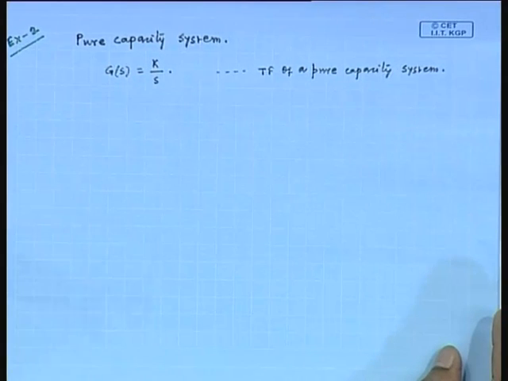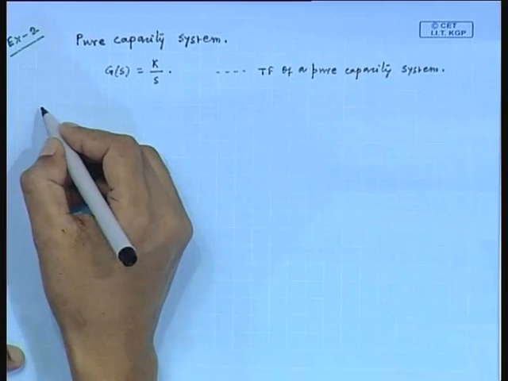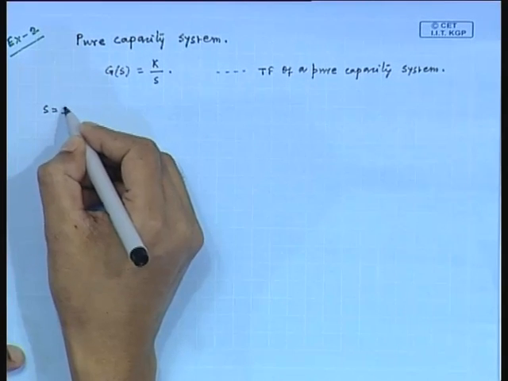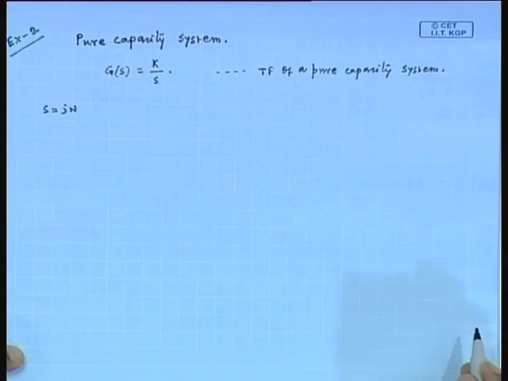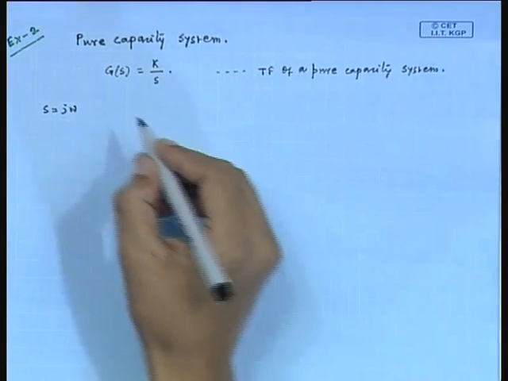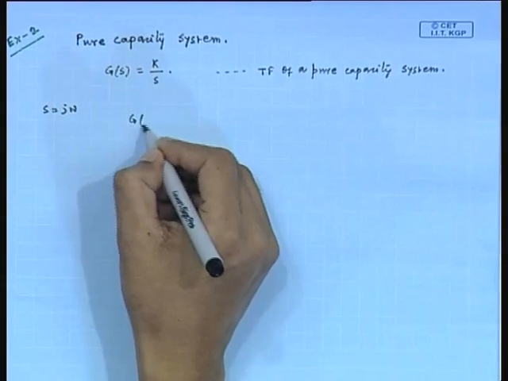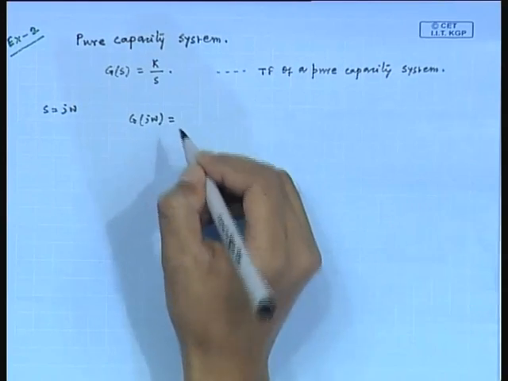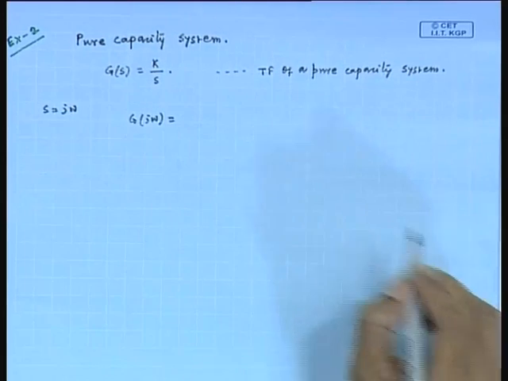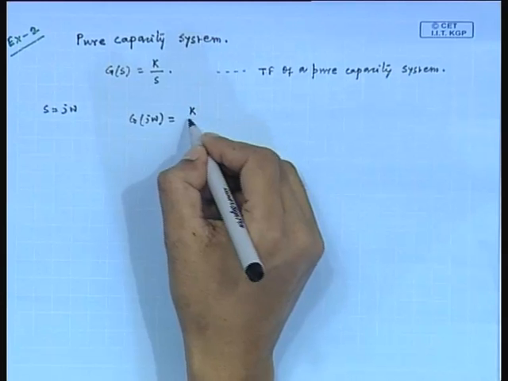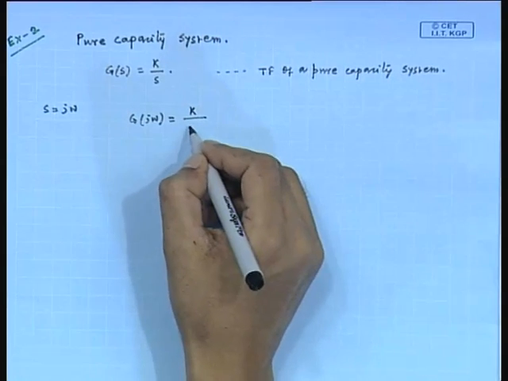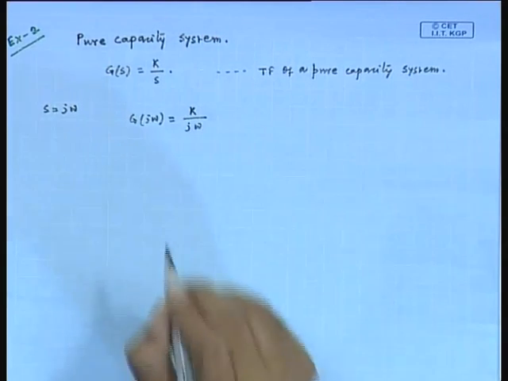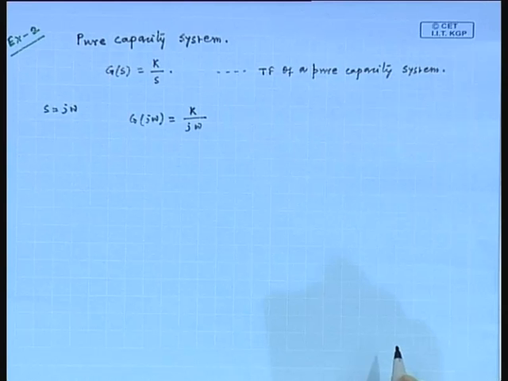So, we will follow the usual steps. I mean, in the first step we will substitute S equals j omega. Then the frequency response transfer function yields G j omega equals K divided by j omega. Fine.